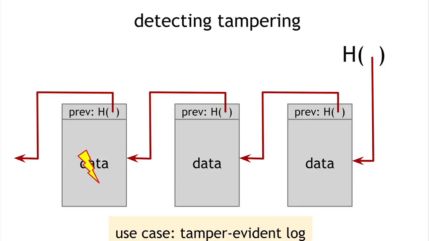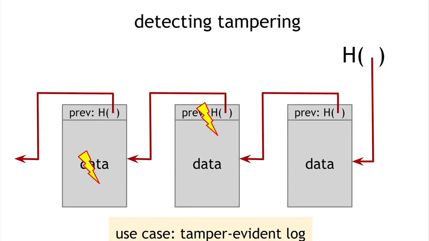Because the hash function is collision-free, the hash of this block must now be different. And so we could detect the inconsistency between this data and the hash pointer that we remembered before. Or we could do that unless the adversary also tampers with the hash pointer.